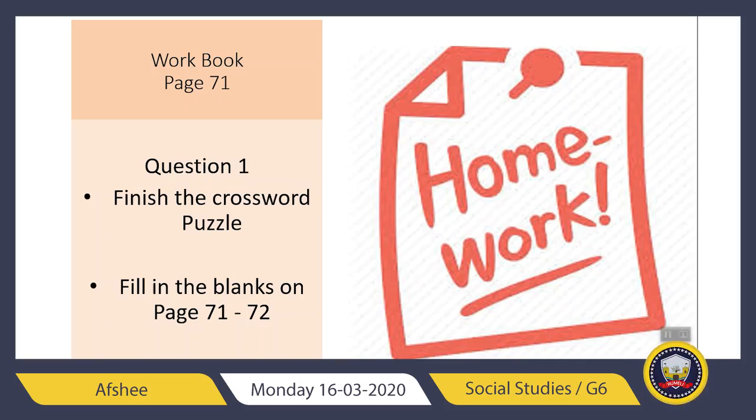Read all these pages, and after that open your workbook to page 71, and you have to attempt question 1, finish the crossword puzzle, and then fill in the blanks on pages 71 and 72. I assure you that once you go through the chapter and understand the concept, attempting these exercises will be very easy for you. So this is the homework for this week.